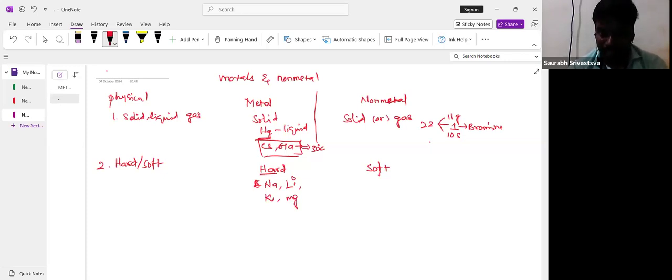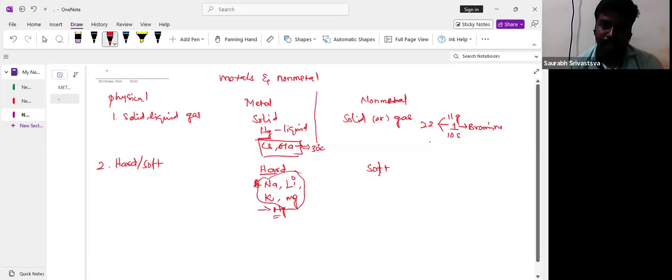But here we should not take mercury as an example, because mercury is not a solid; it is liquid at room temperature. So these three elements we can consider as soft elements. Magnesium is a solid in the form of a thin ribbon. So sodium, lithium, and potassium are solid and soft in nature.